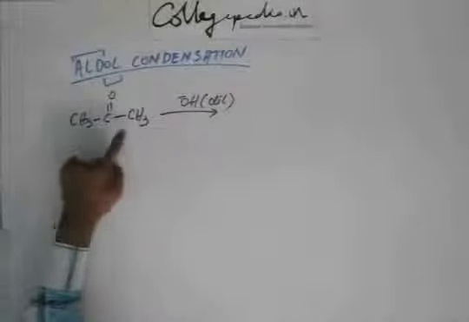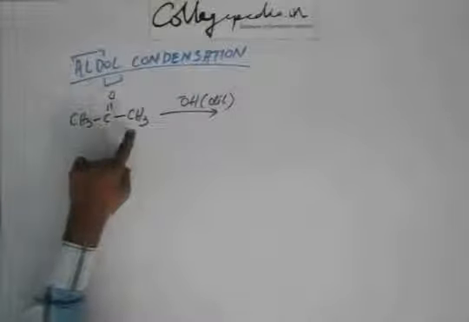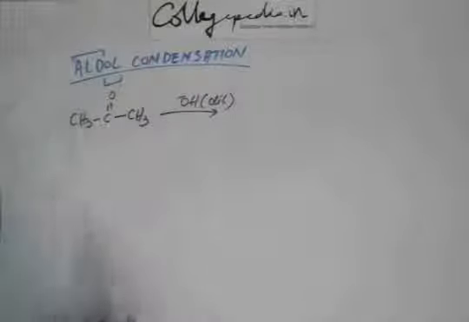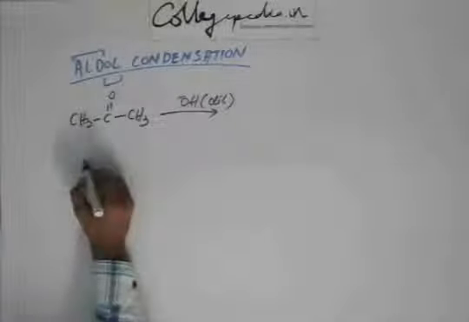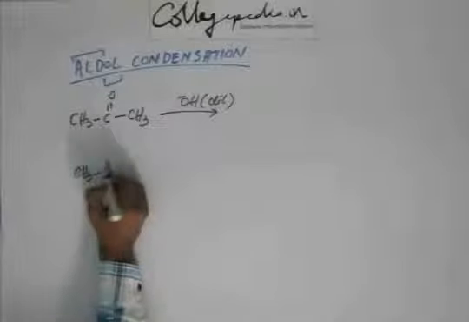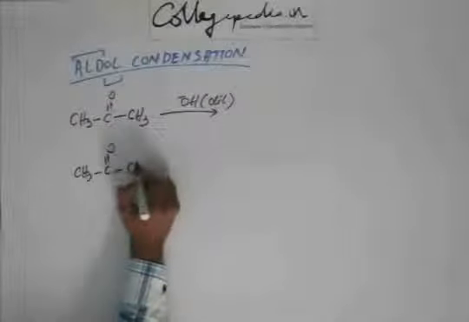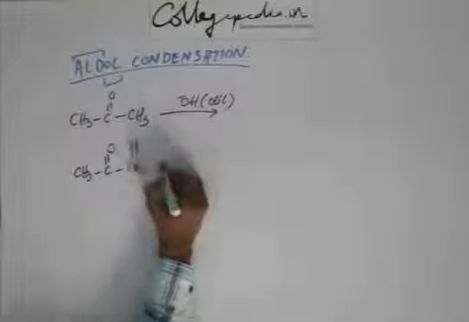Both the carbons on the sides are alpha carbons because both are directly attached to the carbonyl group. Now all 6 hydrogens here are similar, so the base can abstract any one of them, right? So the first step of the reaction would be the base comes and abstracts one hydrogen.